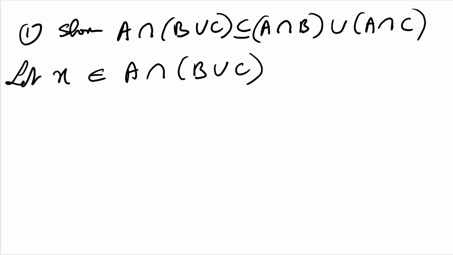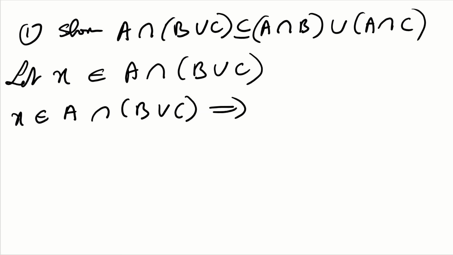I'm just showing you how you are going to formally write something like this. Because we have the intersection right here, this implies x is in A and x is in B union C.